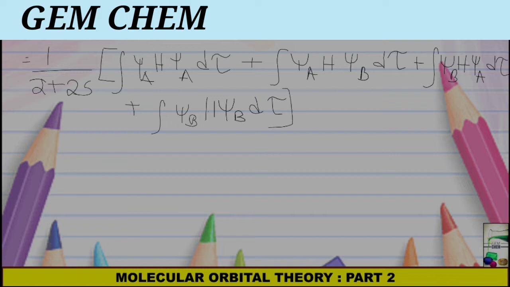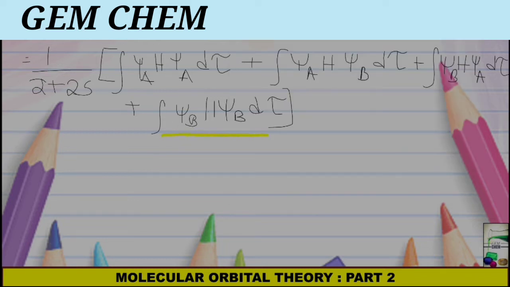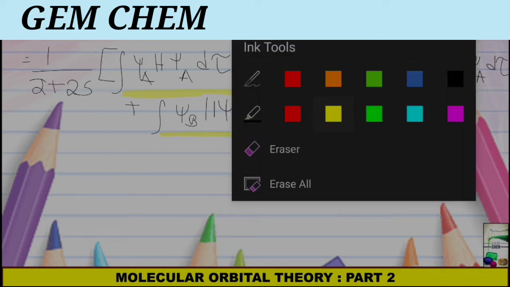Now what does this mean? For this case, if we consider this one and this one, these are actually the Coulomb integral. So see here, C-O-U-L-O-M-B, Coulomb integral, and this Coulomb integral shows that since xi a and xi b are wave functions for the 1s orbitals of HA and HB, we can see the combination between their own cells.